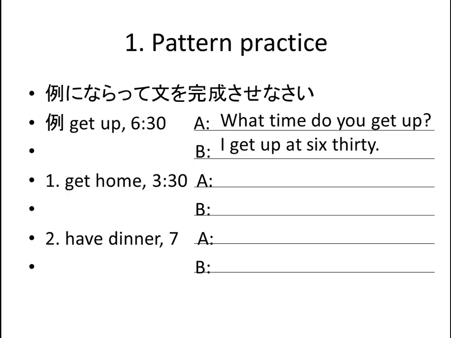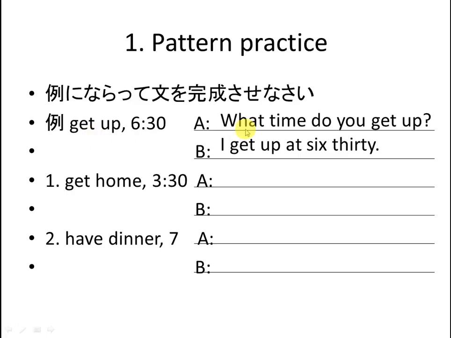So what you do here is, for example, give the students a worksheet on which you write something like this. So this is the instruction. So this is the example. So if the example is like this, the students are supposed to write or maybe speak sentences like this.